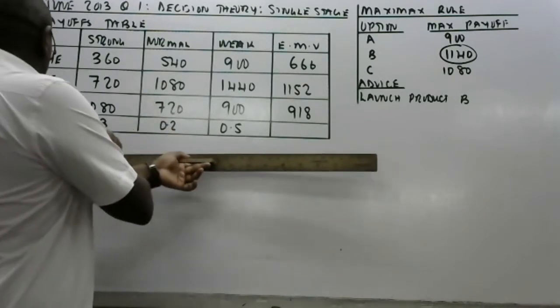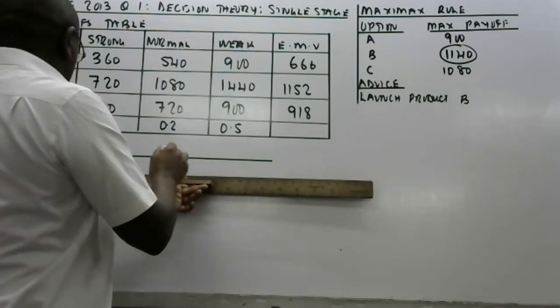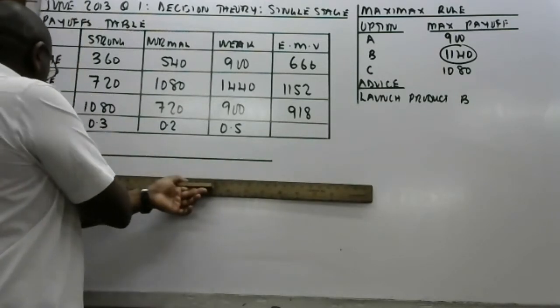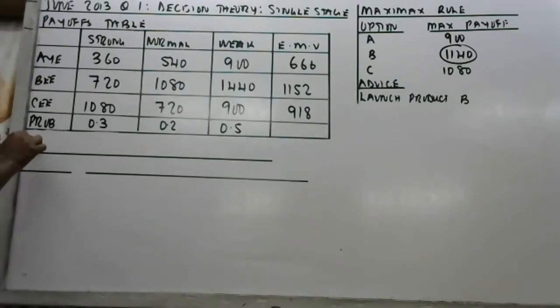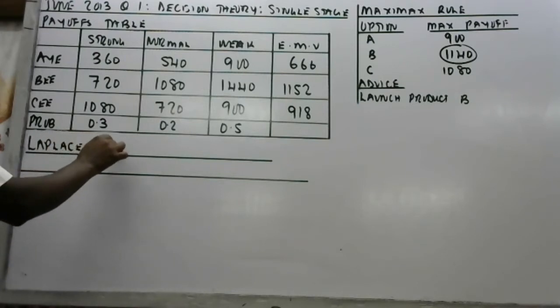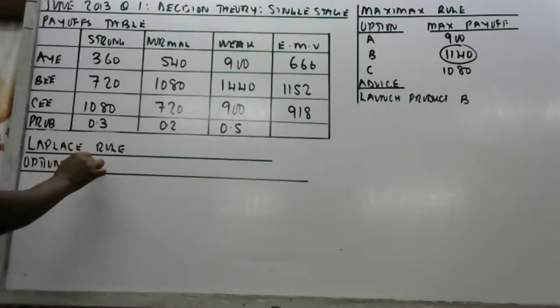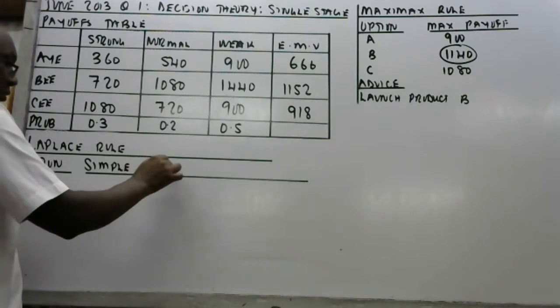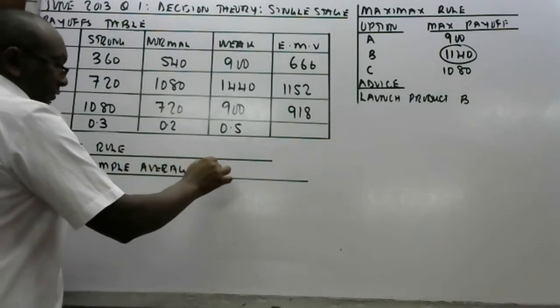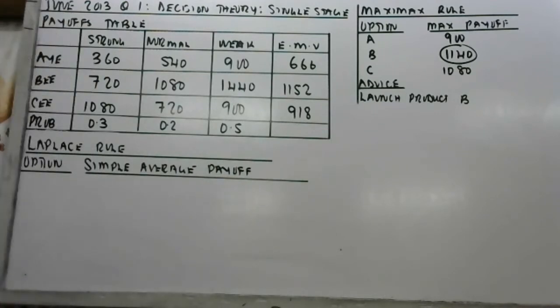The next rule is called Laplace's rule. With Laplace's rule, we compute something called simple average payoff.